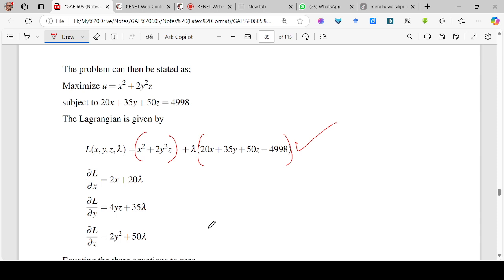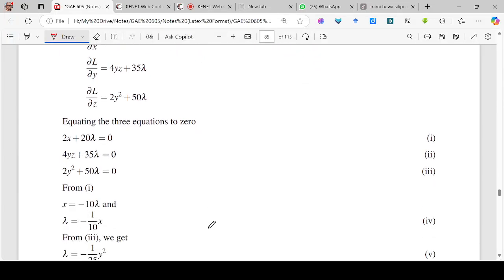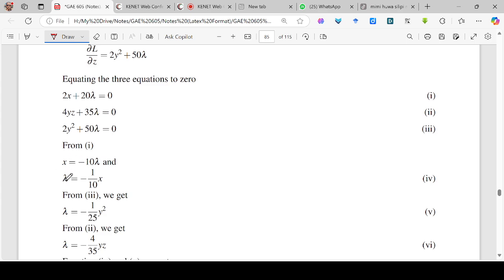Now, to determine the optimal values, we equate each of these derivatives to 0 and then solve the resulting equations. From the first equation, we get lambda is minus 1 over 10x.